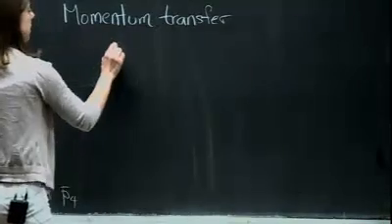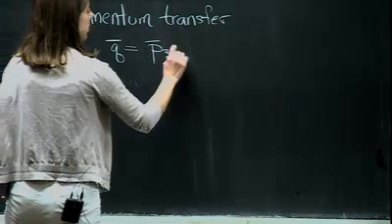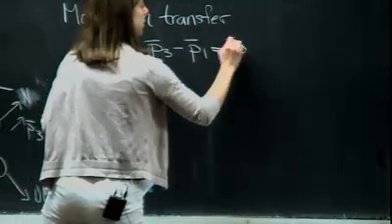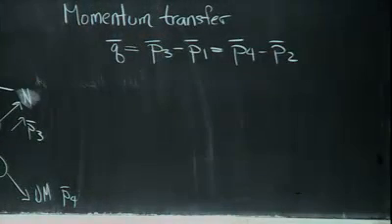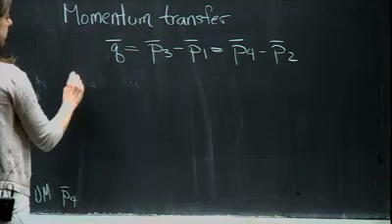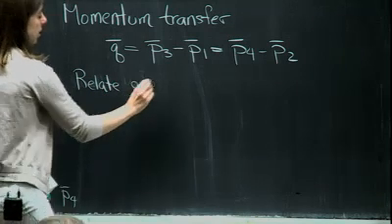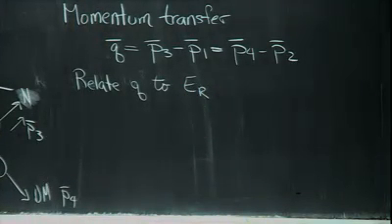So let's call that Q bar, and that's going to be P bar 3 minus P bar 1. Specifically, I want you to relate the momentum transfer Q to the recoil energy of the nucleus.